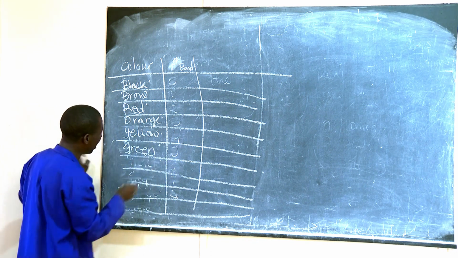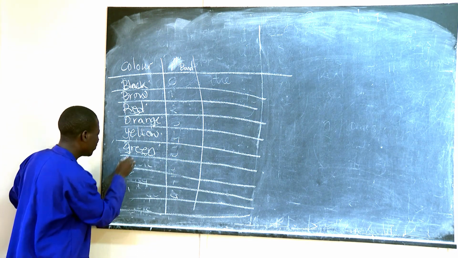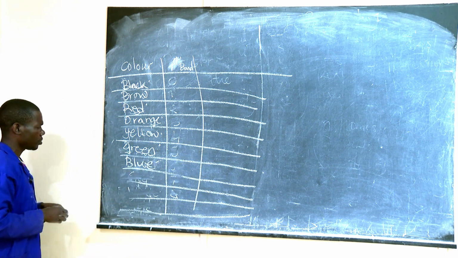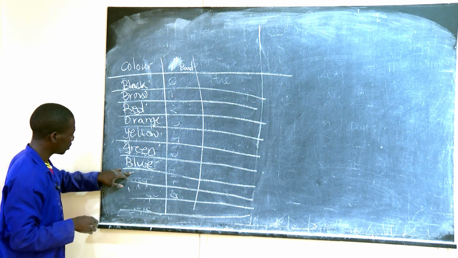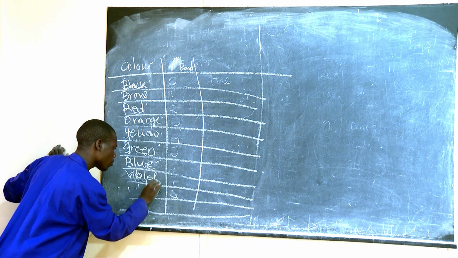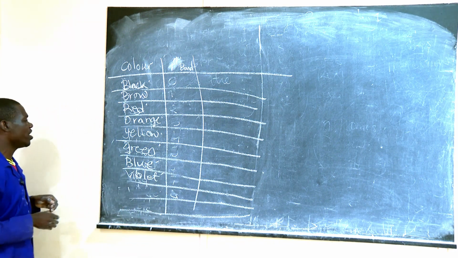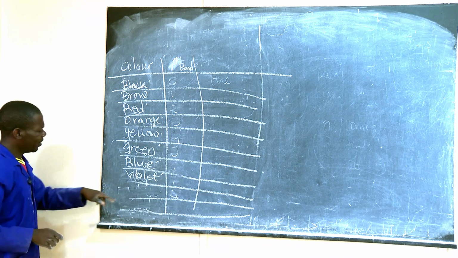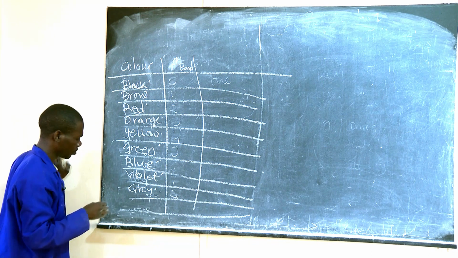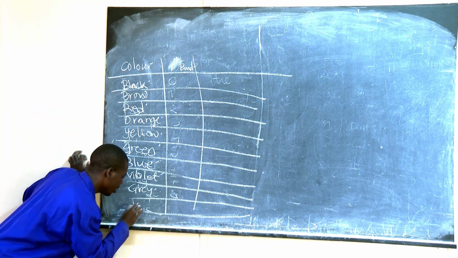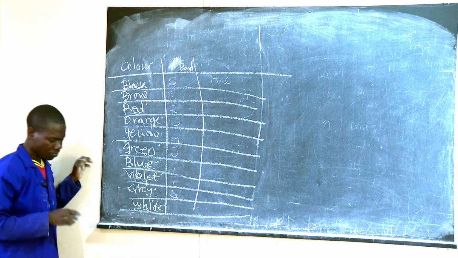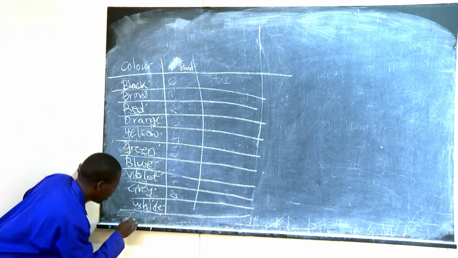Then after green, we have blue. Then we have violet. Then here we have gray. Then here we have white. Then we have here gold.